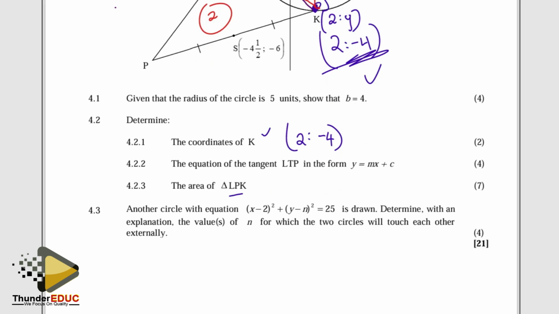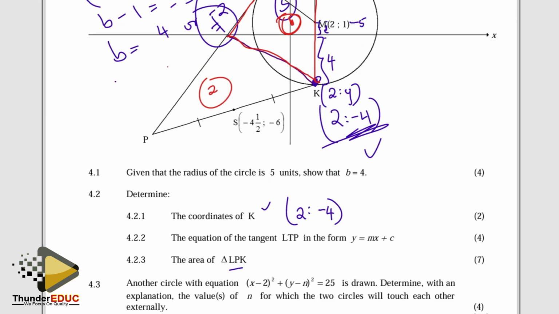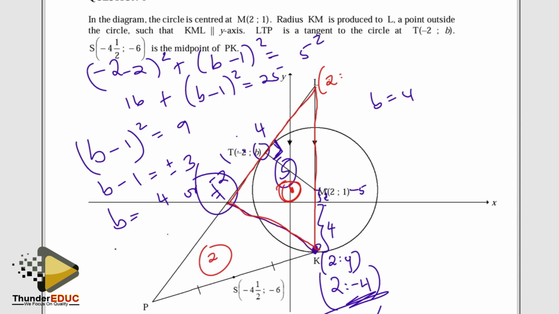From that equation, if I replace x with 2, that's going to be 8 over 3 plus 20 over 3, which is 28 over 3. Is that correct? That's what I'm getting. So I'll say it's 28 over 3. That's L.